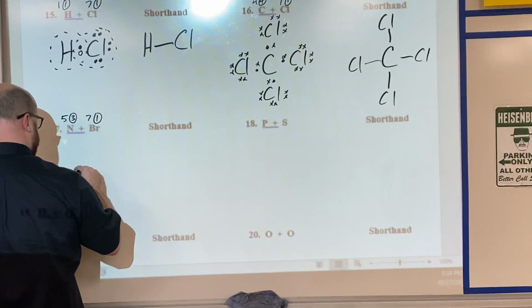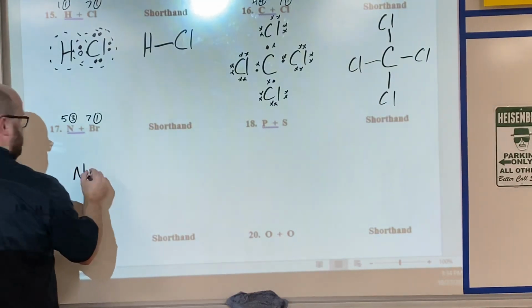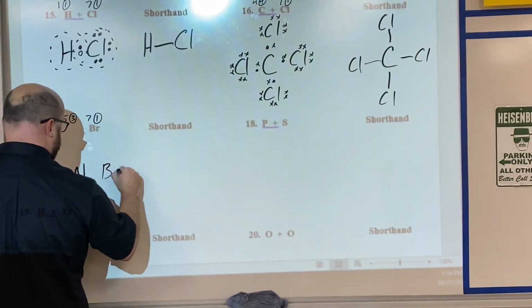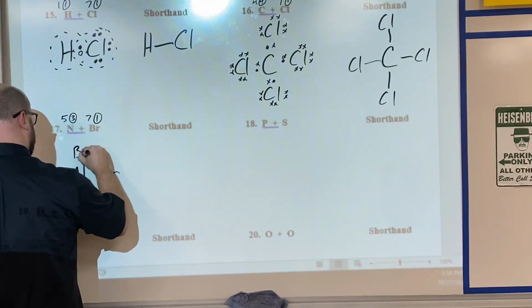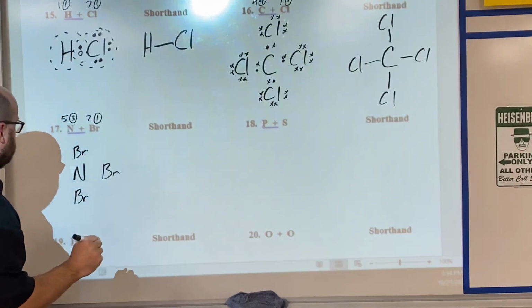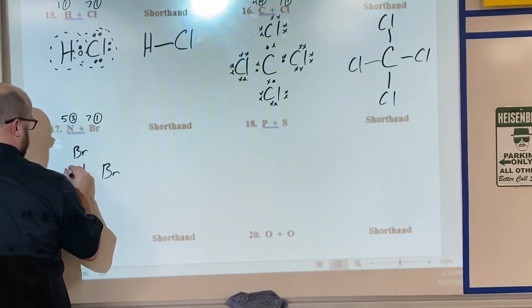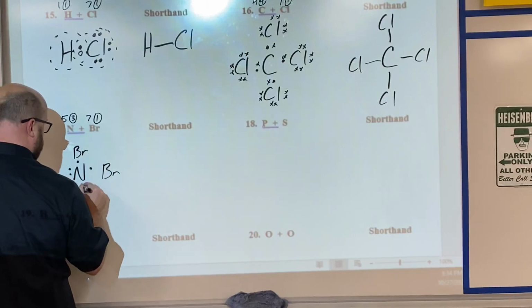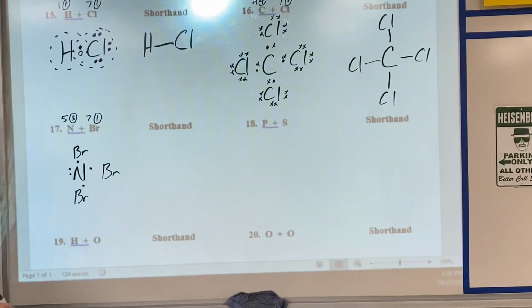So nitrogen, and then we're going to have 3 bromines around it. And then 1, 2. There's nitrogen's 5 valence electrons.